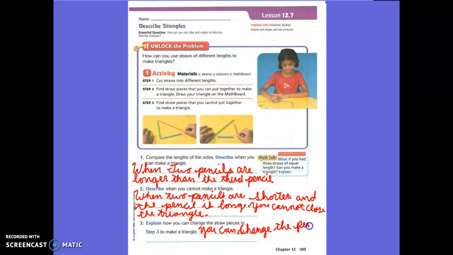The pencils, so there are 2 long ones and 1 short one.